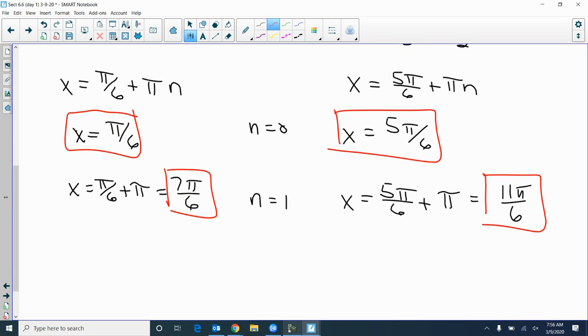But here's what happens. So when you let n equal 2, I get x equals pi over 6, n equals 2 right here, plus 2 pi. Well, I should know right now it's going to be out of the range because 2 pi plus anything is going to be bigger than that. But that gives me 13 pi over 6. That is too big, so I don't include that.